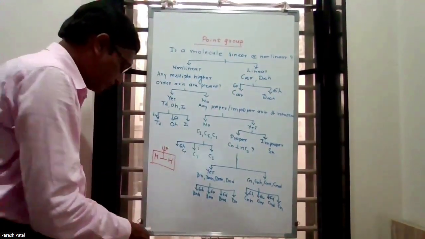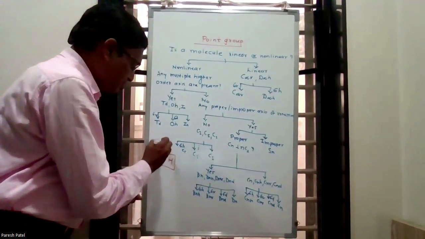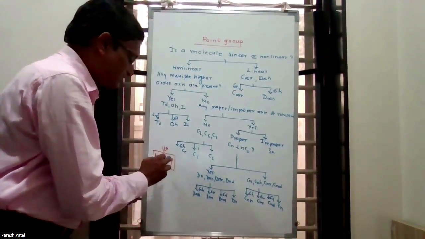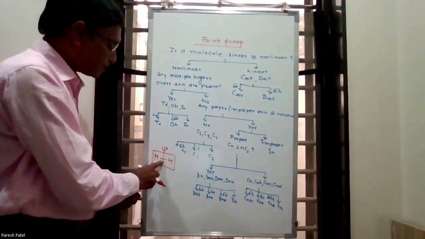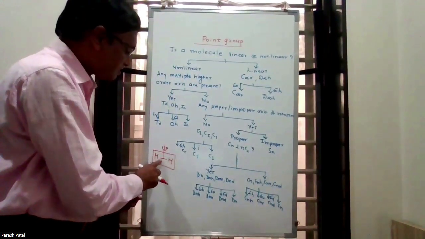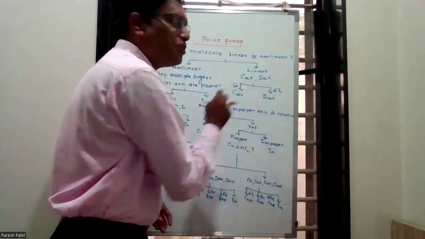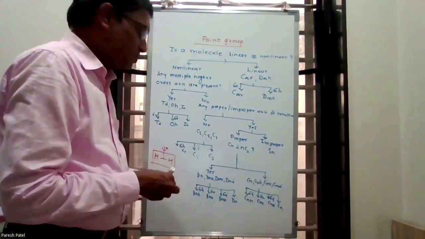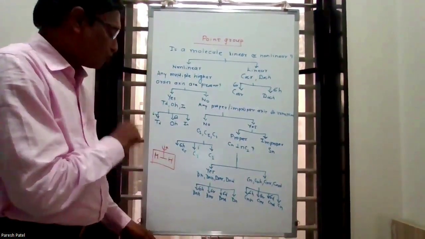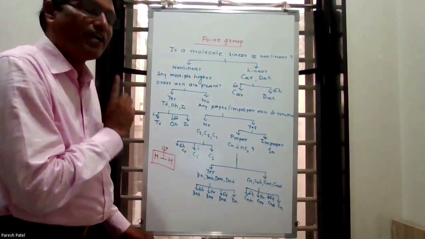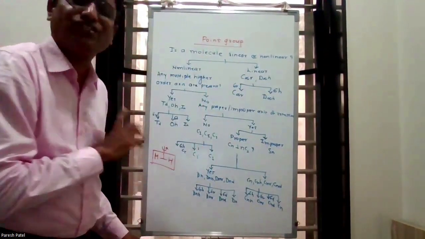In this molecule, this is the main principal axis, and this main principal axis is perpendicular to the plane. It means this plane is sigma H. It means the point group is D infinite H. So the point group for the hydrogen molecule is D infinite H.